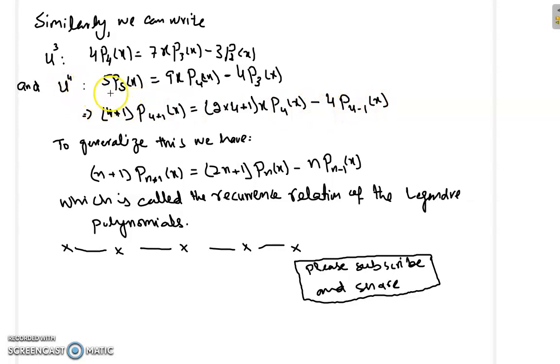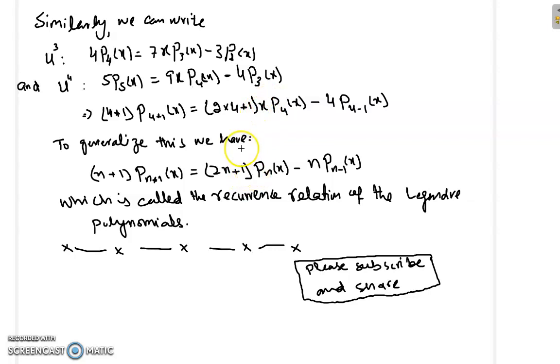So for u4 we have written this formula in this form, and when we generalize this, when n is equal to 4, we can replace in place of 4 with n: n plus 1 of x is equal to 2 times 4, meaning 2n plus 1, times x.